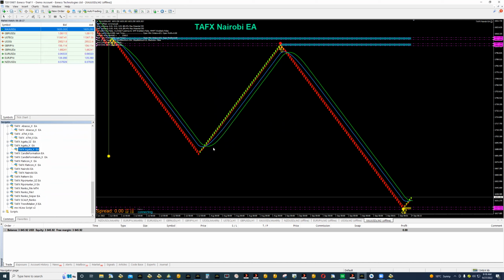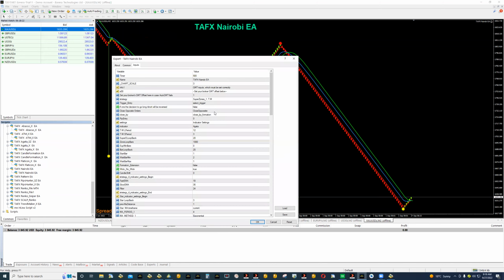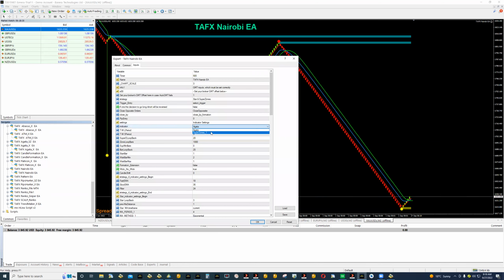So this is Nairobi, so you can double click your EA and say now, let's say for instance, we are working with a star. It's just an example, but this one was Agatha. So now we are working with the EA. What did I say? Go to trigger entry, and because there is a buy, you just go to trigger buy, all right?